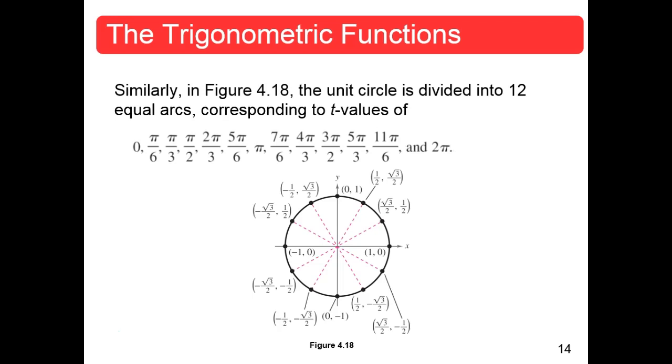So this will be pi halves divided by 3, would be pi 6, pi thirds, pi halves. Okay, let's start it over. 0, pi 6, pi thirds, pi halves, 2/3 pi, 5/6 pi, pi, 7/6 pi, 4/3 pi, 3 halves pi, 5/3 pi, 11/6 pi, and 2 pi. So you're all the way around that.